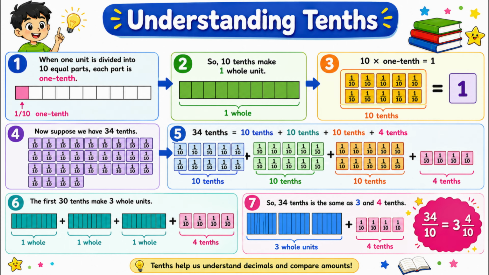We can think of this as 10 tenths plus 10 tenths plus 10 tenths plus 4 tenths. The first 30 tenths make 3 whole units. So 34 tenths is the same as 3 4 tenths. In symbols, 34 over 10 equals 3 4 over 10.